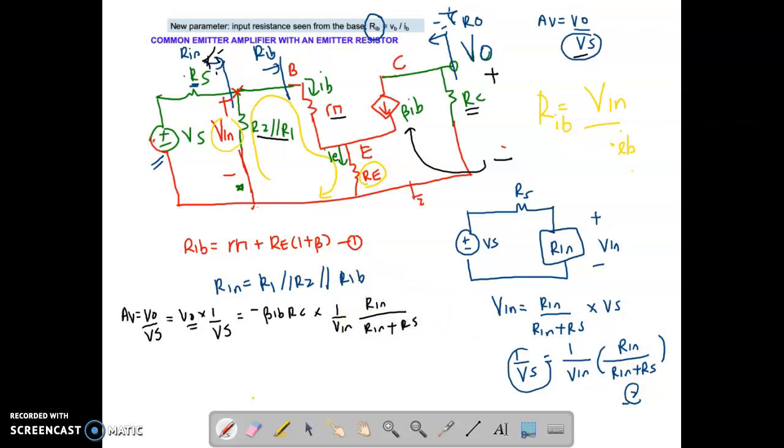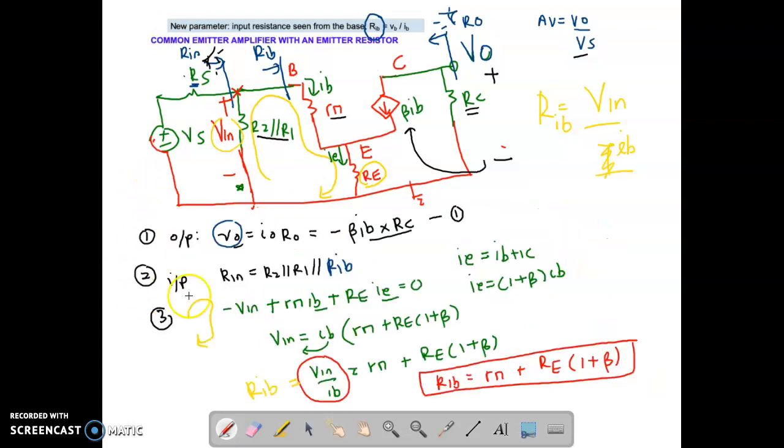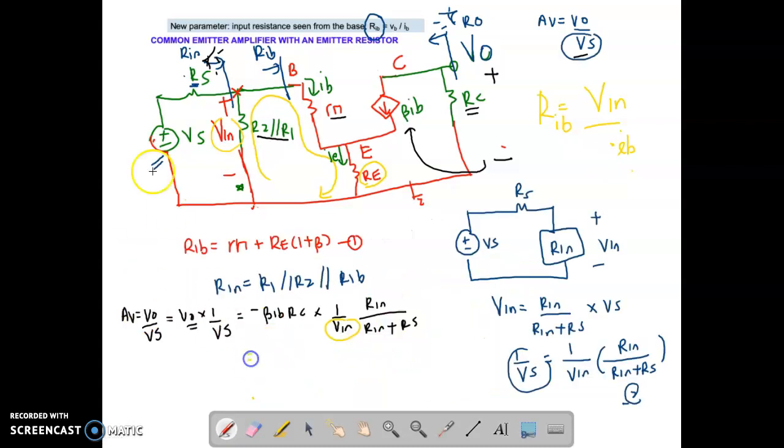Okay, so now you have here IB, but here you have Vin, right? Remember just now the RIB equation, you have this long equation, Vin equals IB (Rπ plus RE (1 plus beta)). Substitute that inside this equation, so it becomes minus beta IB RC.